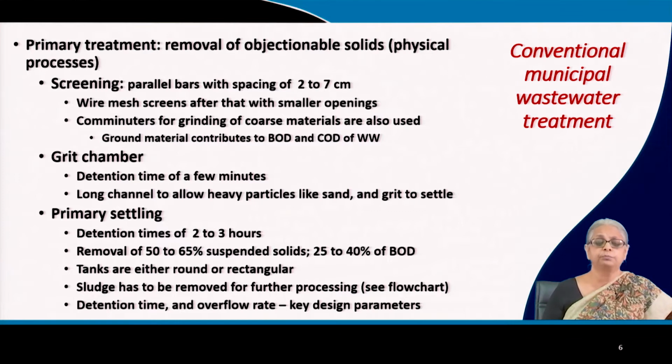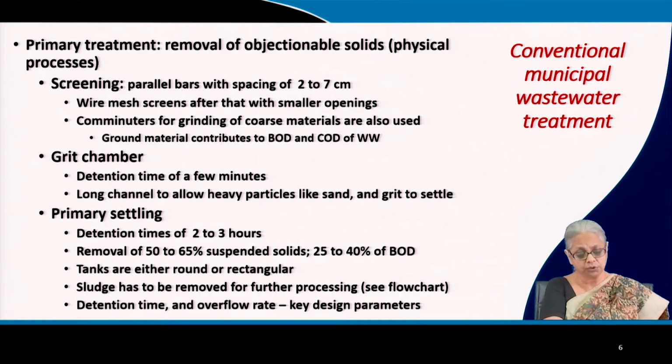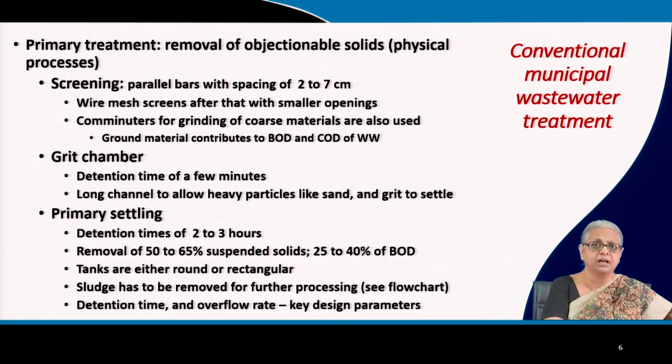And then we come to primary settling. Here, the detention time is 2 to 3 hours. You get 50 to 65% removal of suspended solids and 25 to 40% removal of the BOD. These tanks can be either round or rectangular.